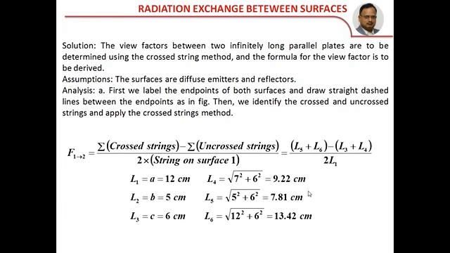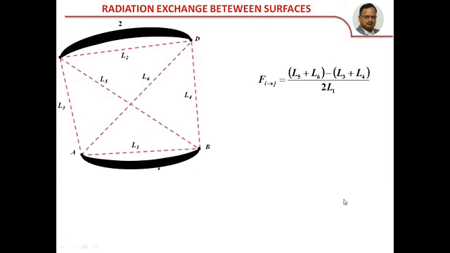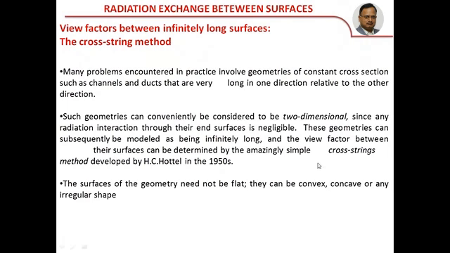From the geometry we can calculate, and by substituting you will get the value F12 equal to 0.25. So simple, there is no complicated formula involved in this. Very easy and simple method. This method is called cross string method, developed by H.C. Hottel in 1950s.